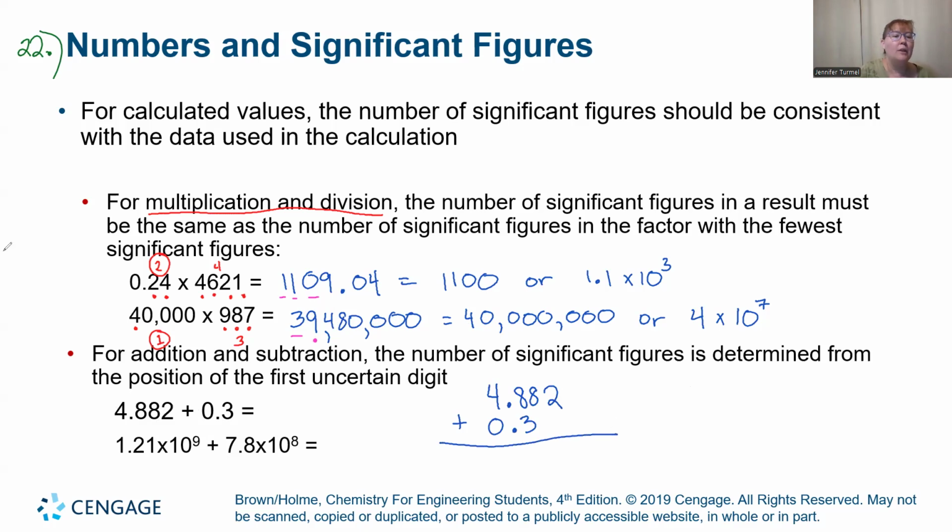Now, when we line those up, notice that our last digit happens right here. So we add these together and we get 5.182. The 8 rounds this up and our final answer is 5.2.